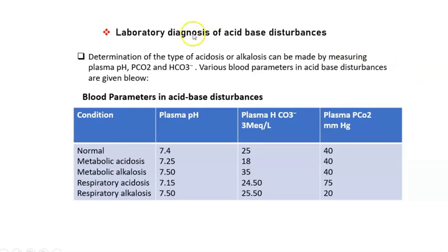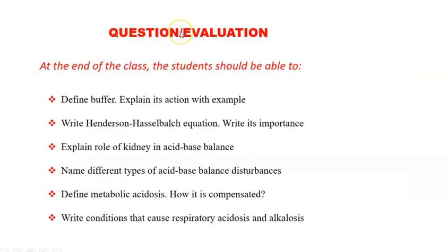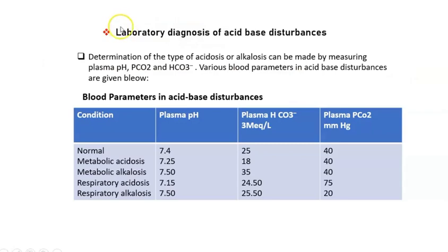Now look at this: laboratory diagnosis of acid-base disturbance. Determination of the type of acidosis or alkalosis can be made by measuring plasma pH. Listen carefully.